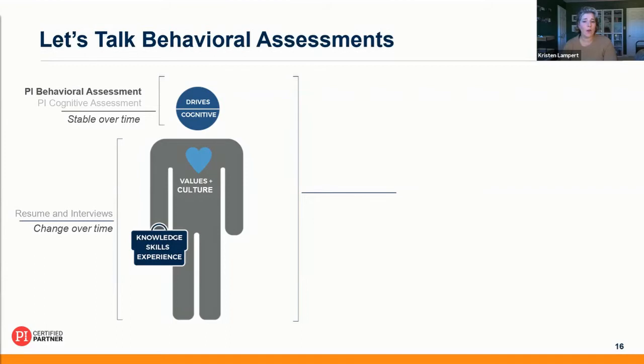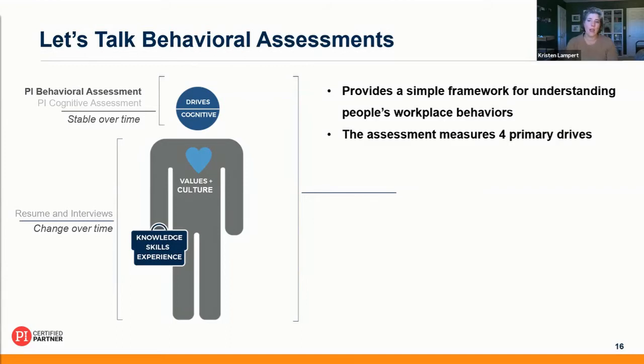So the key around behavioral assessments is that it's really a simple framework to understand people's workplace behaviors. What we really dive in with Predictive Index is understanding four primary drives. We're going to talk a little bit about what those are. And the bottom line here is that we're looking for misalignment between somebody's natural tendencies and the key responsibilities of the job. Sales is a great example.